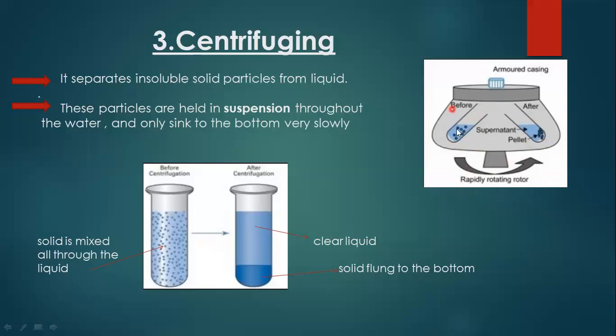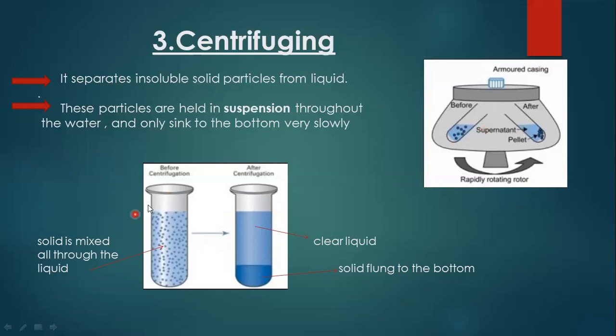You can see here that before the experiment, these solid particles are suspended. But after revolving at a specific speed, the particles slowly sink to the bottom, leaving the clear liquid behind. After some time, by turning off the machine, we simply take out the test tube and easily get the liquid and insoluble particles separated.